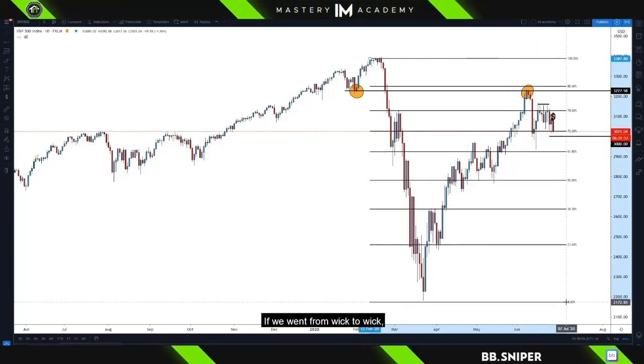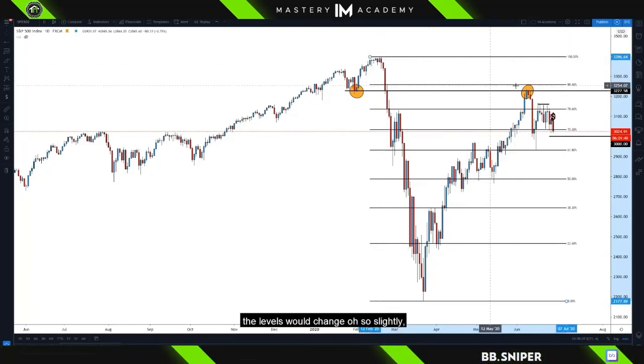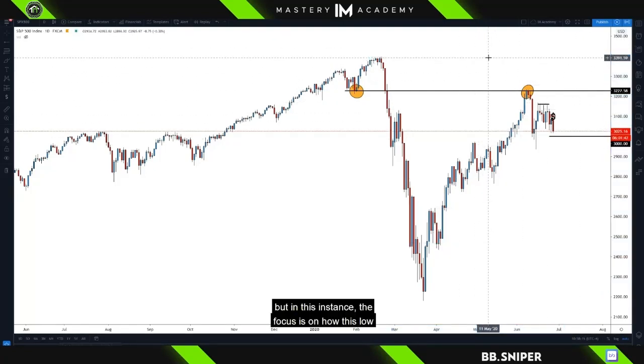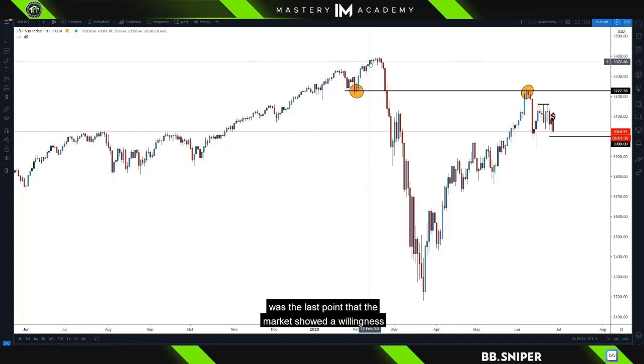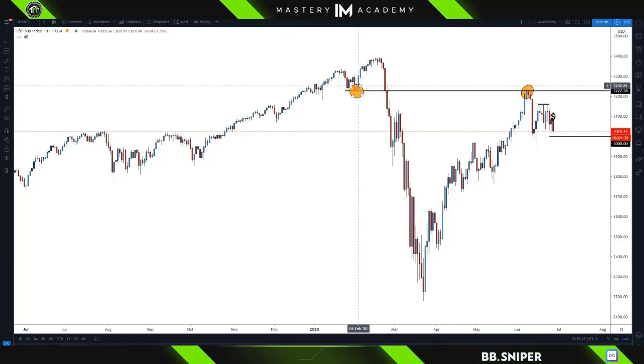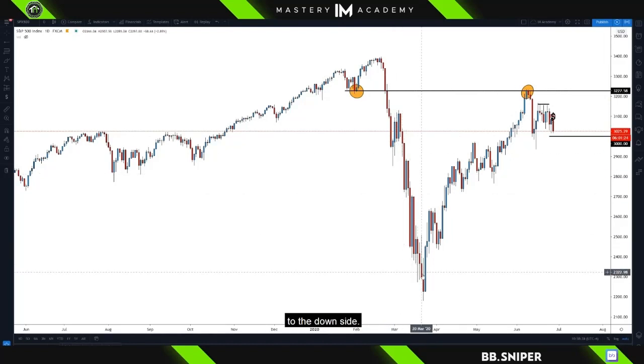If we went from wick to wick, the levels would change oh so slightly. But in this instance, the focus is on how this low was the last point that the market showed a willingness to go higher, and then we sold off aggressively to the downside.